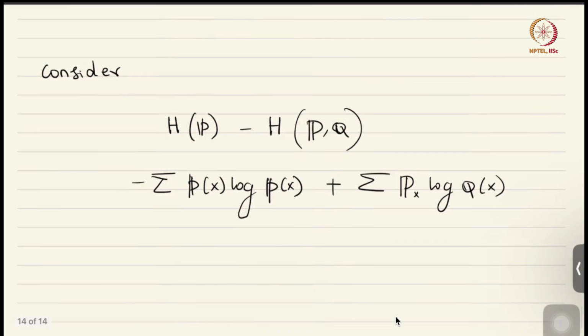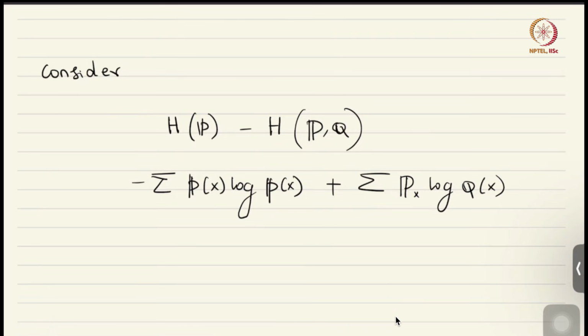Okay. Now, what is this expression telling you? Let us interpret this. The entropy of P is the average information in P. Cross entropy is the information that Q has about P. If I take the difference between those two, what am I looking at?